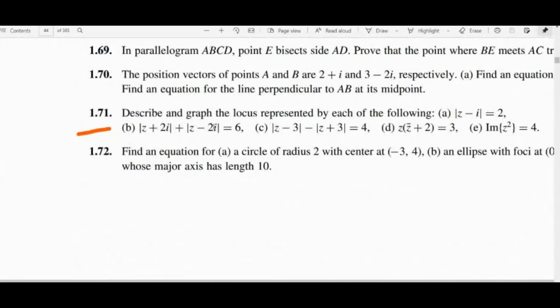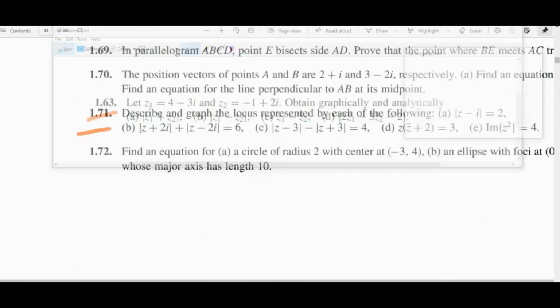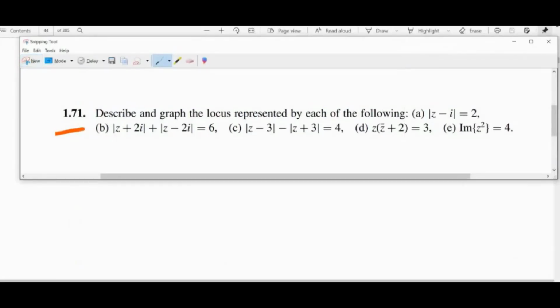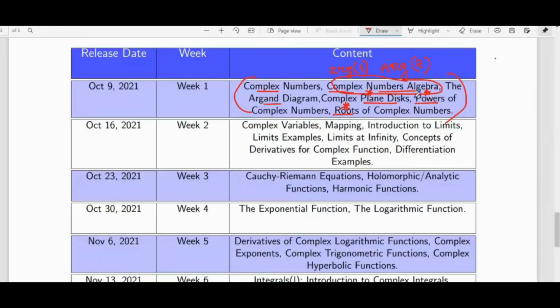You can see that we have to describe and graph the locus represented by each of the following. So let us take the first one. This is another formation. It is like a complex plane disk. What is Argand diagram?